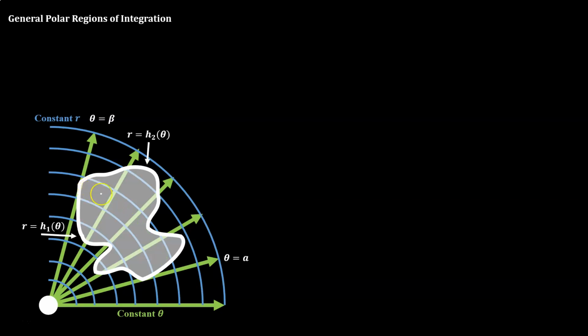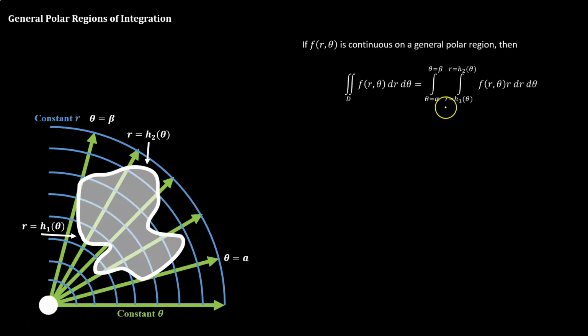So even though we're looking at a really general region, notice that this is not a well-defined function. This is a very squiggly region. We can set this up using constant bounds for theta and function bounds for r.